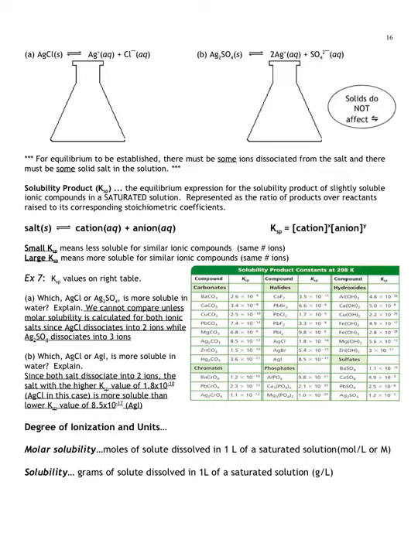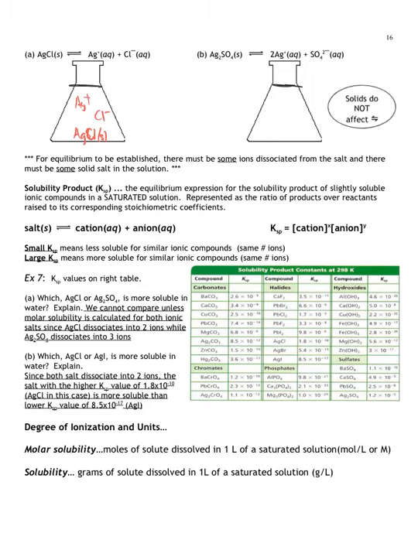So let's go ahead and start off by lining up my solutions. There's water in here, but I'm really going to just represent the solid salt and the ions that make up that salt. So this is what a saturated solution would look like.